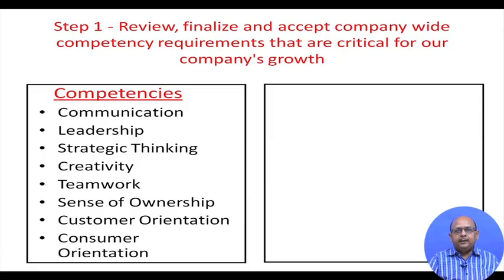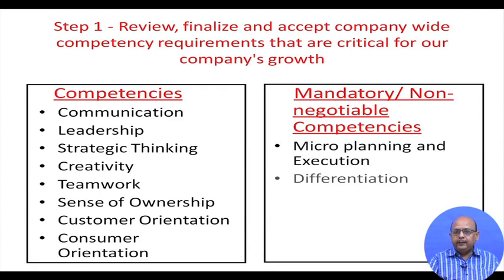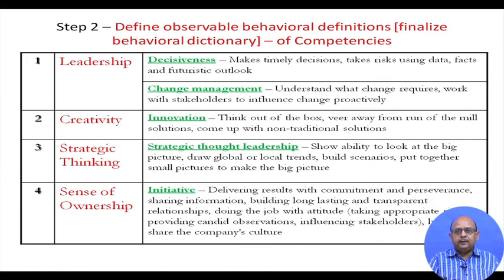Now, once it has been identified, okay, then you also identify some other competencies which are mandatory or what you can say non-negotiable. It means that it must have micro planning and execution by the organization, how it is going to differentiate itself from other competitors, what its quality orientation is, right.